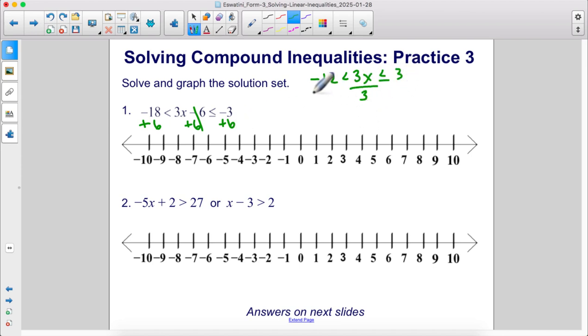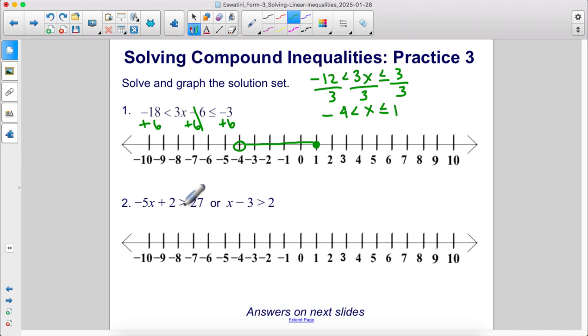Then I'm going to divide each piece by 3, and we get -4 is less than x is less than or equal to 1. So x is greater than -4, however, it is less than or equal to 1. And there's the answer.